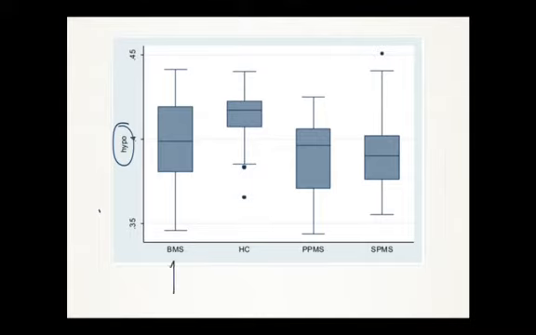Here it is in the benign, the healthy controls, the primary progressive, and the secondary progressive. This plot is very helpful in letting us know whether the means look similar. It looks to me like they might be a little bit different, right? The healthy controls seem to have a higher number than the rest, and there seems to be less variability in that group.